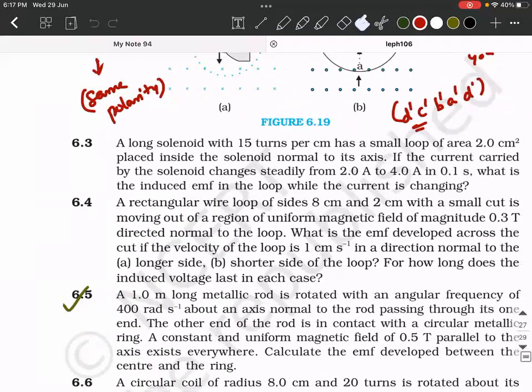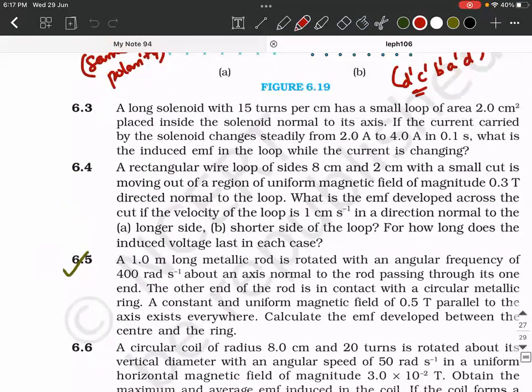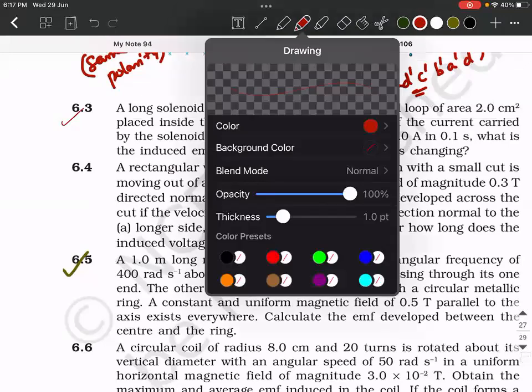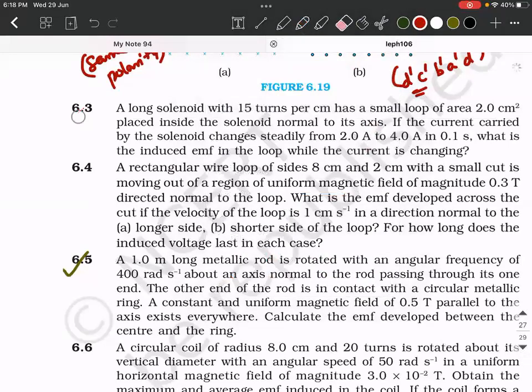So I want you to try 6.3. There is a long solenoid with 15 turns per centimeter. So what is the given value? 15 turns per centimeter is what?